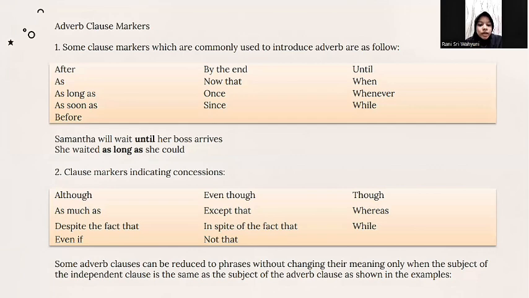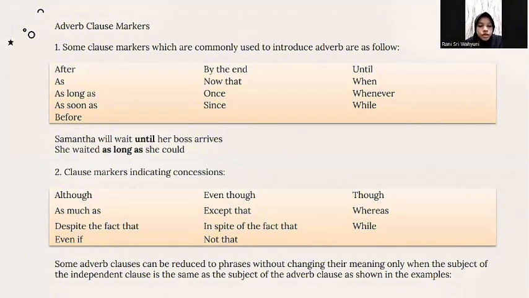Samantha will wait until her boss arrives. She waited as long as she could. 2. Clause markers indicating concessions: although, even though, as much as, except that, whereas, despite the fact that, in spite of the fact that, while, even if, and not that.